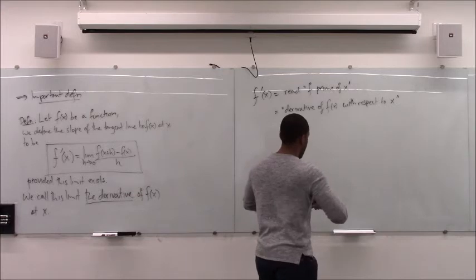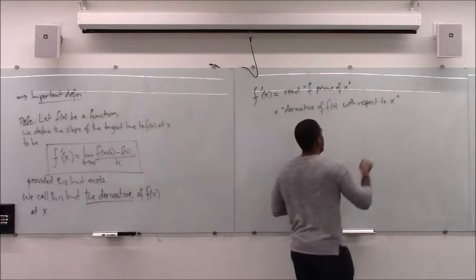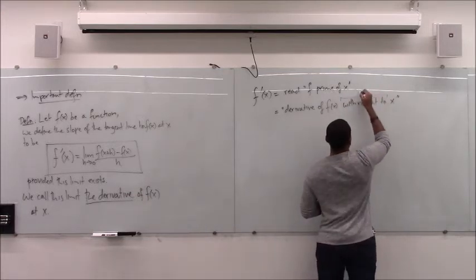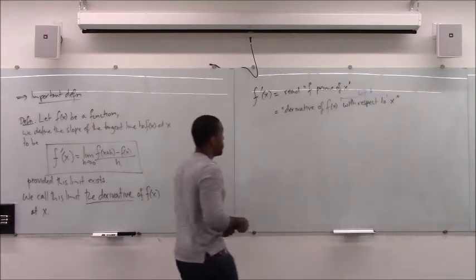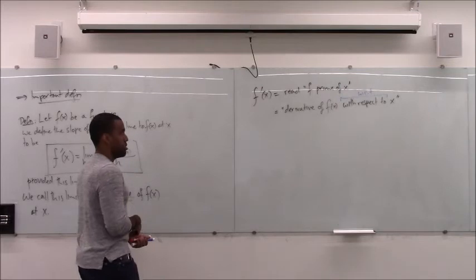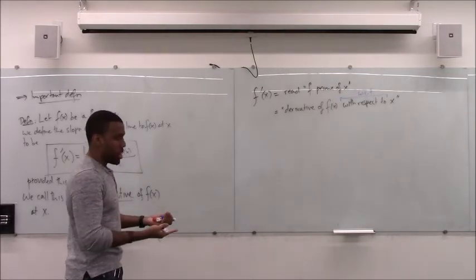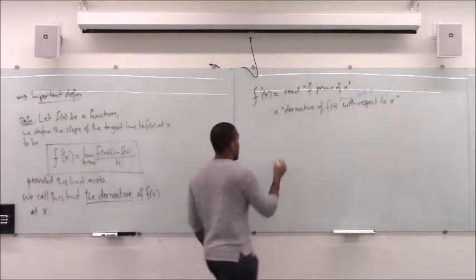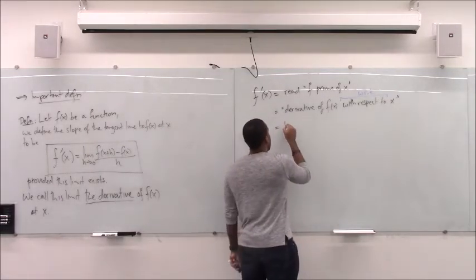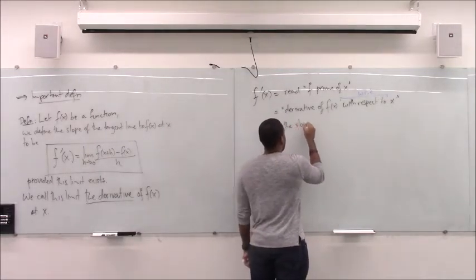Sometimes this is abbreviated WRT. So whenever you see f prime of x, what does it mean? It's the derivative of f with respect to x. What does that mean? It's the slope of the tangent line.